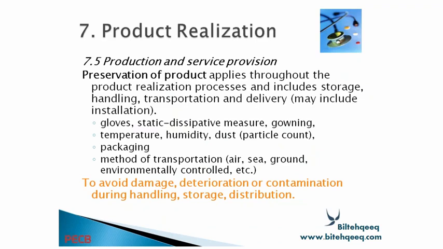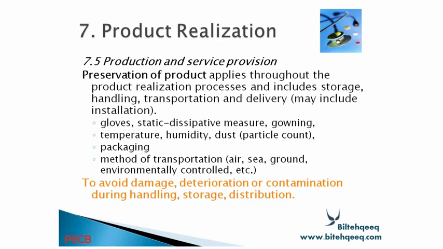And next is preservation of product, which applies throughout the product realization process and includes storage, handling, transportation, and delivery. It may include installation, gloves, static dissipative measures, gowning, temperature, humidity, dust, particle count, packing, and methods of transportation: air, sea, ground, environmentally controlled, to avoid damage, deterioration, or contamination during handling, storage, and distribution.